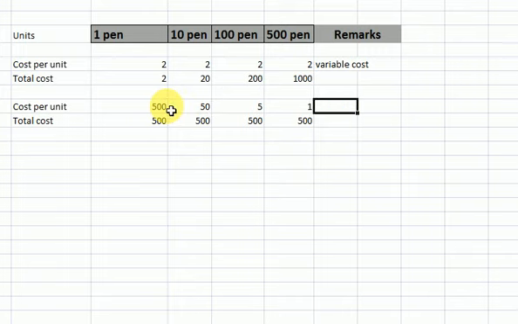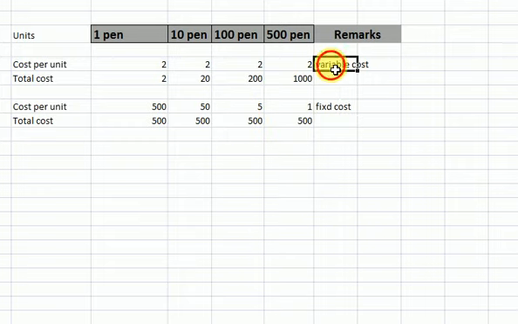So what does it mean? It shows the fixed cost. Why? Fixed cost will remain fixed as a total, but will vary per unit.